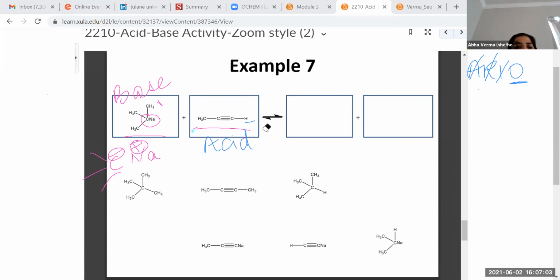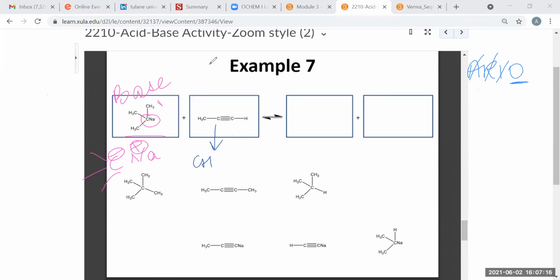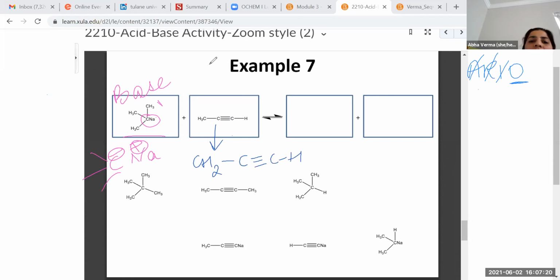Who will make a more stable conjugate base? Do you think this will be a more stable conjugate base, or this will be a more stable conjugate base?